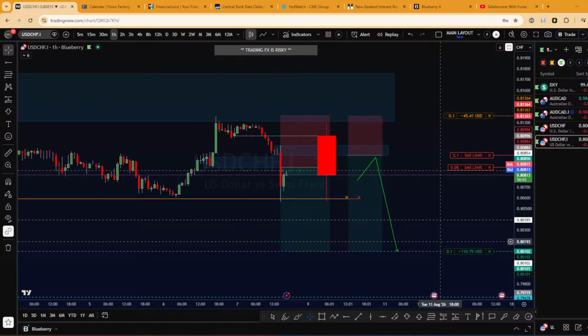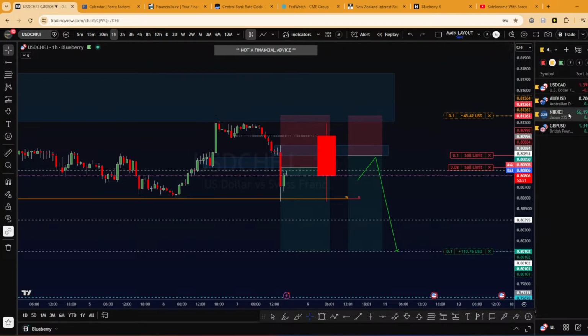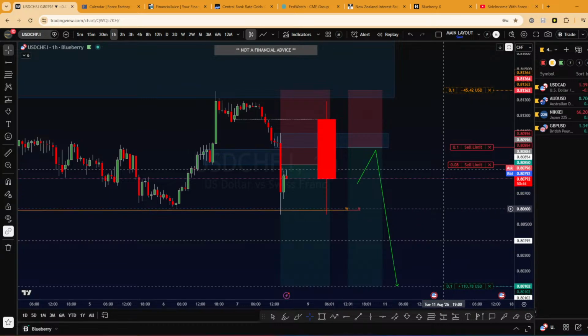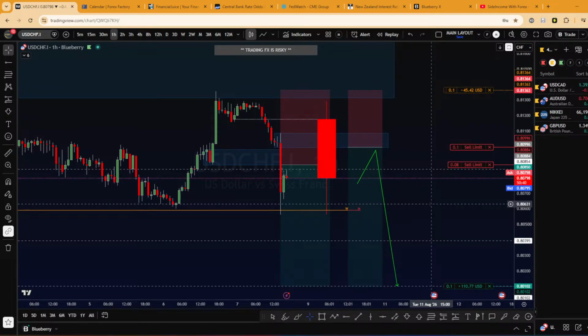Maybe I will look at the other pairs in the watch list next week, because if it wasn't for the fact that we are at the end of the week on Friday, I don't like to put a lot of risk on Friday, because we have some overweek fees.